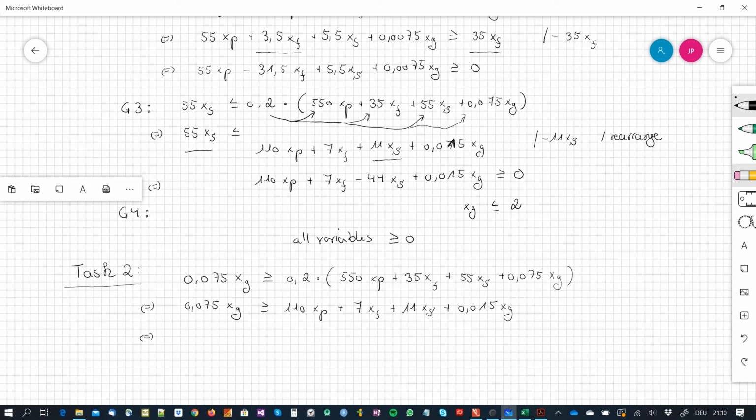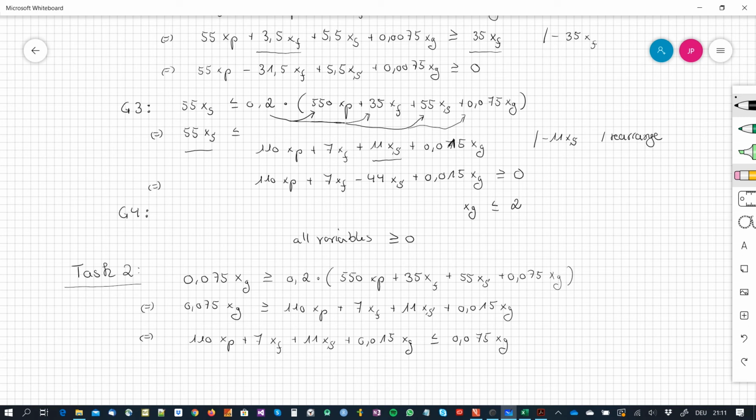And the next thing is that we rearrange the terms, so I flip sides. 110 xp plus 7 xf plus 11 xs plus 0.015 xg, and this should be smaller or equal to 0.075 xg.